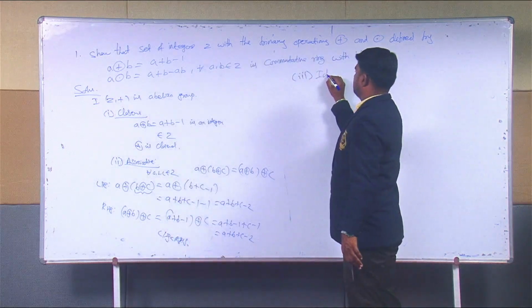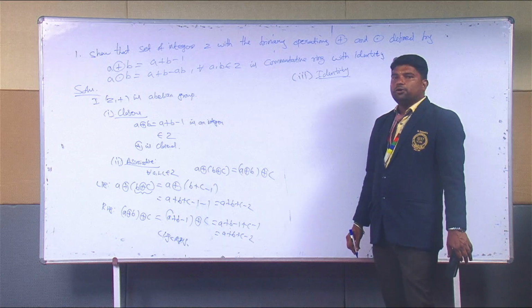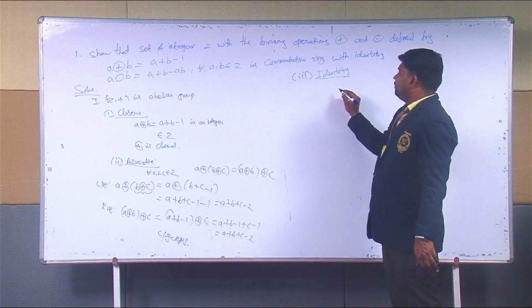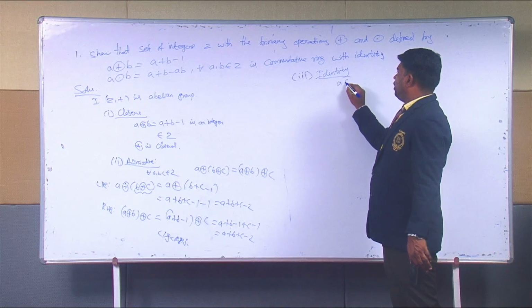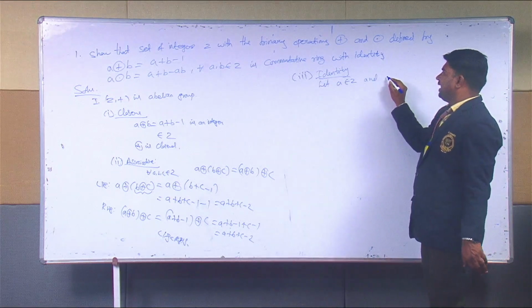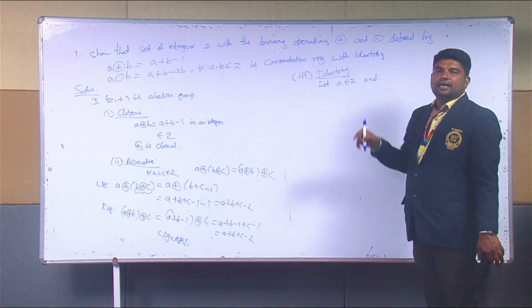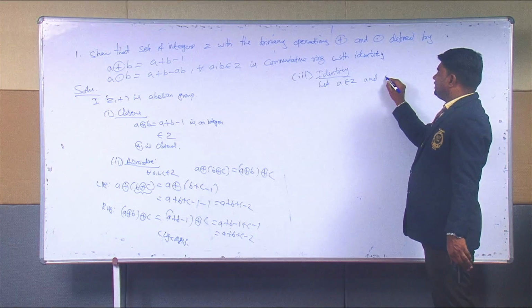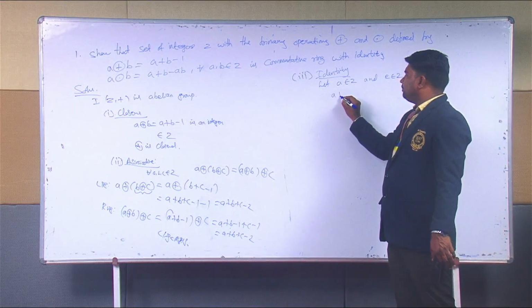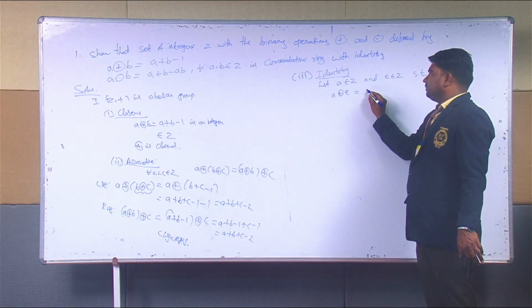And third one, identity. Under addition modulo, I want to find out the identity element. Let a belongs to Z and e is the identity element in Z. I want to find out e. The identity axiom is a + e = a.